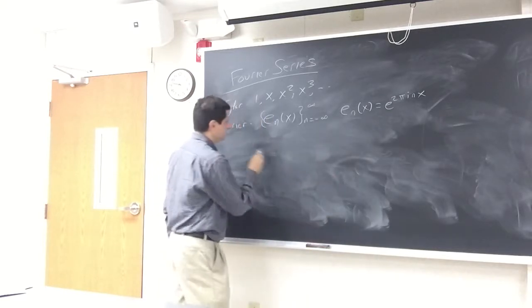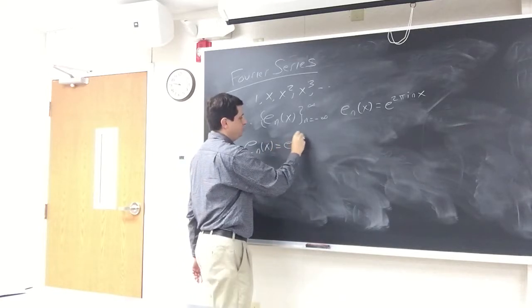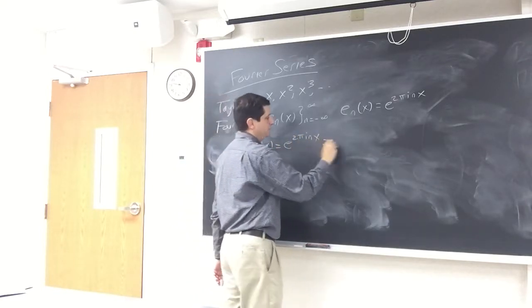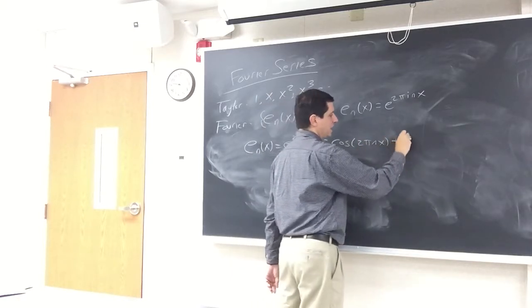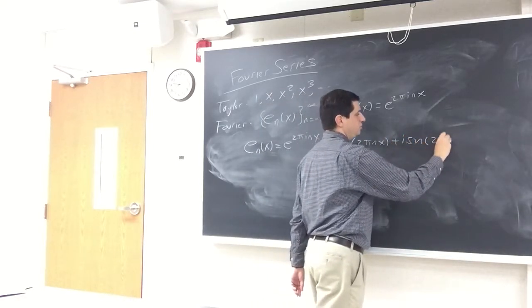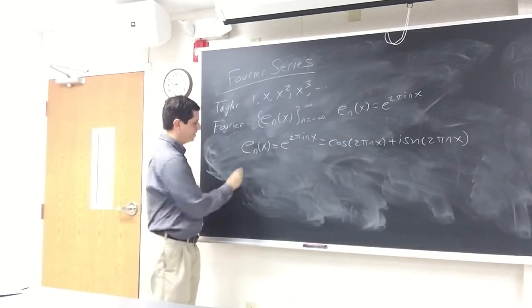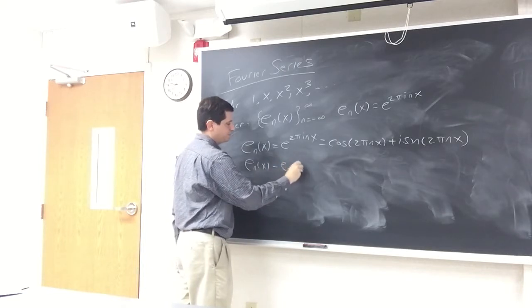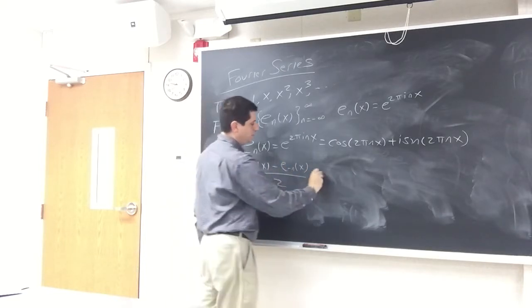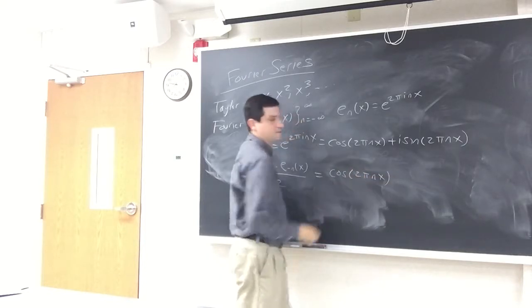Now, if you look at this, e^(2 pi i n x) is cosine 2 pi nx plus i sine 2 pi nx. And so if we look at (e_n(x) minus e_n(-x)) over 2, this will become cosine of 2 pi nx.